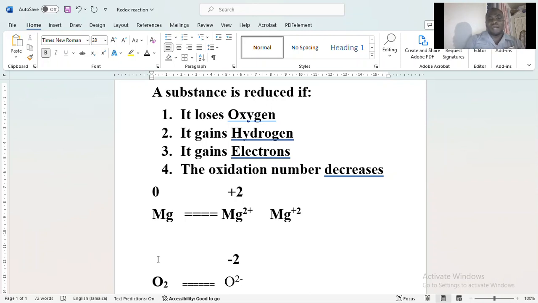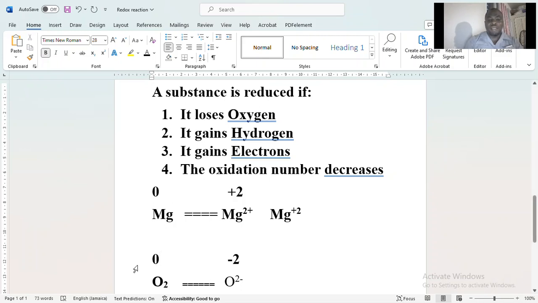As a matter of fact, the rule says if it is uncombined with another element, the oxidation number for that element is 0. So if oxygen is not bonded to another element, or magnesium is not bonded to another element or any element at all, they're by themselves in an equation, then their oxidation number is 0.